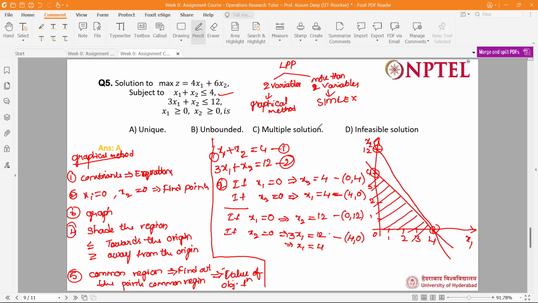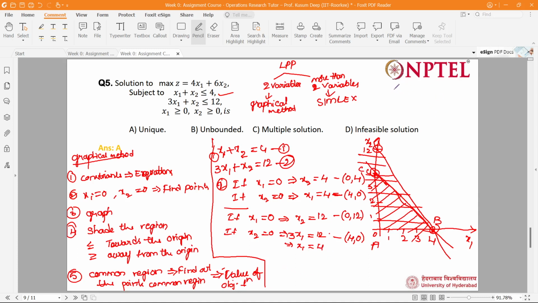And the next inequality also has the less than or equal to type constraint, so shade the region towards the origin. Then find the common region, and here we note the common region points A, B, C.